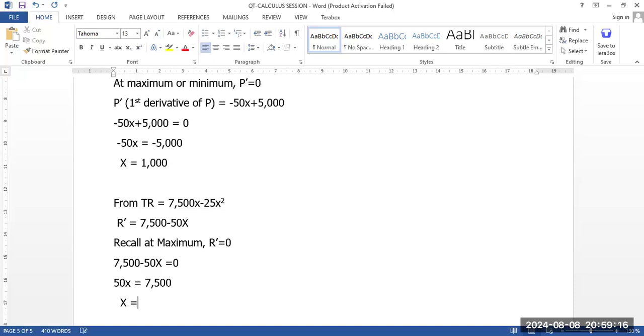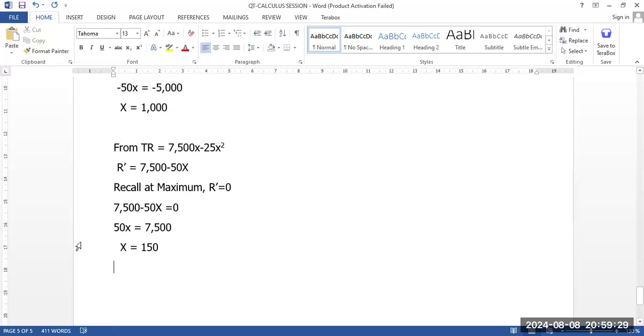And here x is equal to what? 150. Once you get 150, this 150 means what? For you to maximize revenue, you need 150 tractors to maximize revenue.